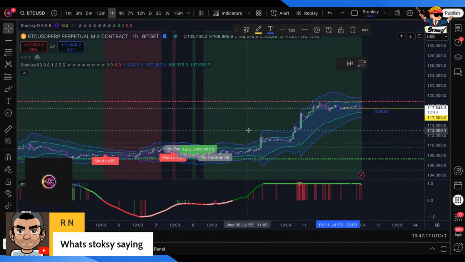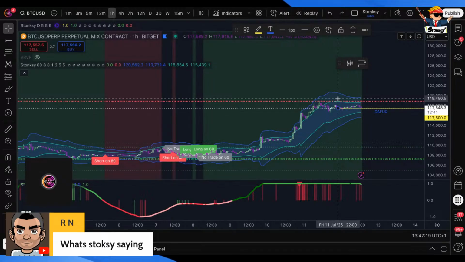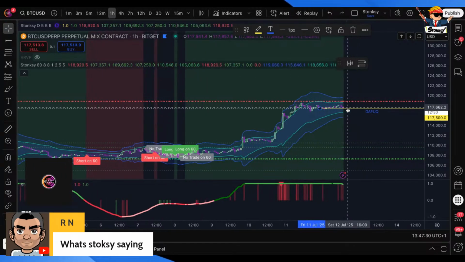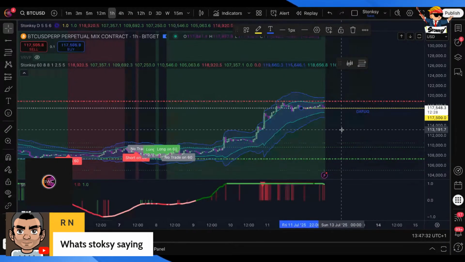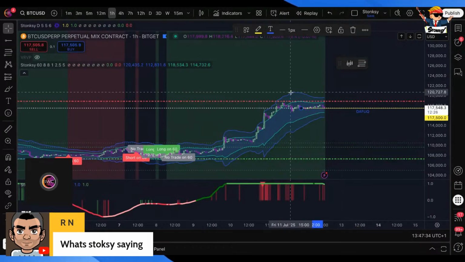Stonksy is saying on a slightly more macro scale that it's bullish at the moment and the price is going to go up. It might, however, come back down in the shorter time, so it's worth looking at the smaller time frames.